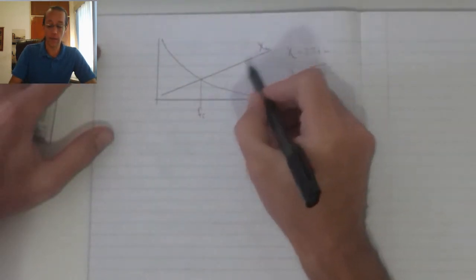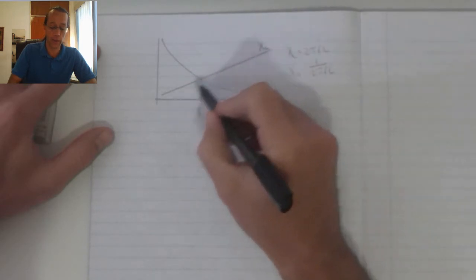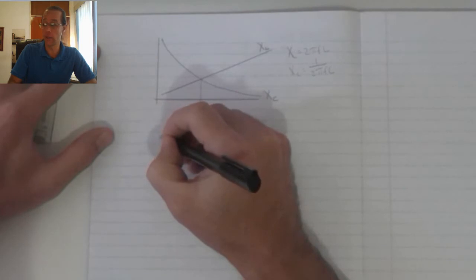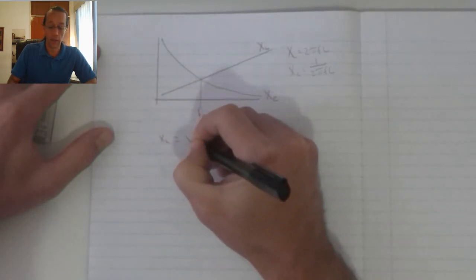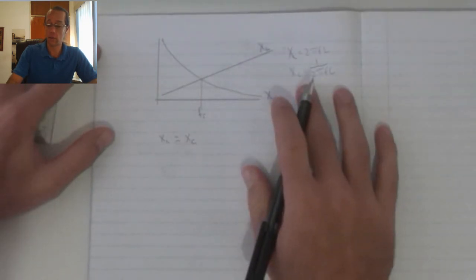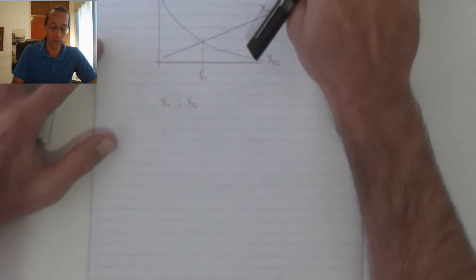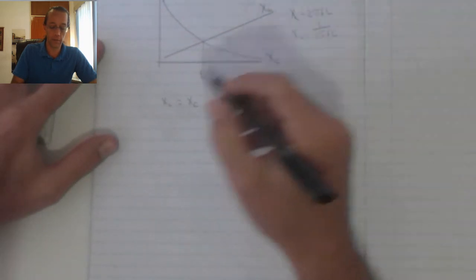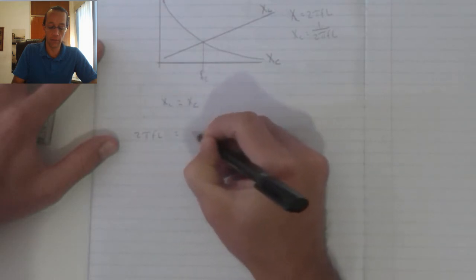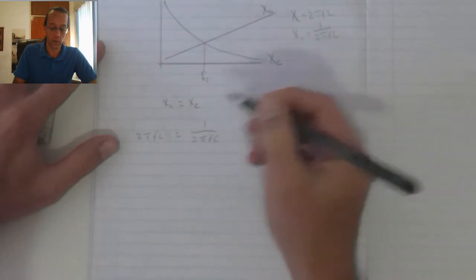Now, at the resonant frequency, from maths we can see the graph for XL is equal to the graph for XC. So XL is equal to XC. Now if we do simple substitution of these formulas, then we see that 2 pi FL is equal to 1 over 2 pi FC.